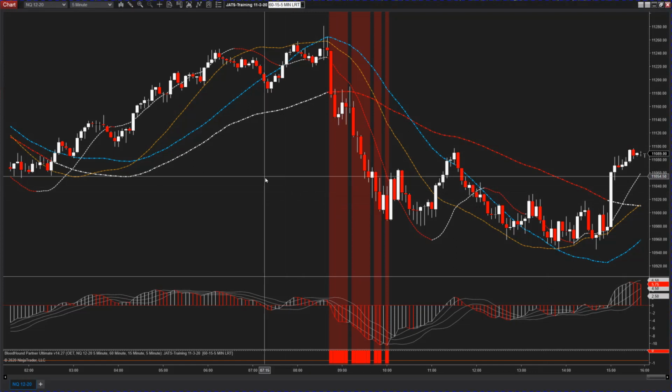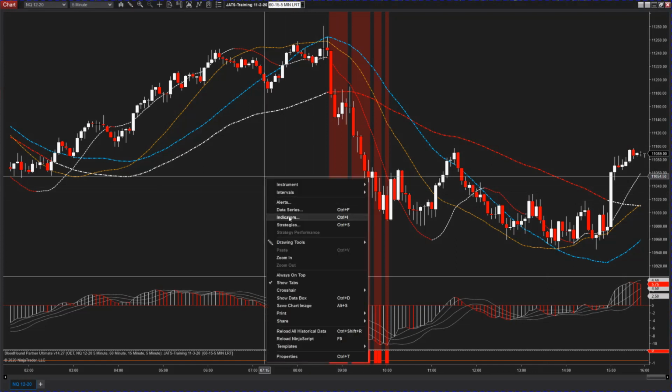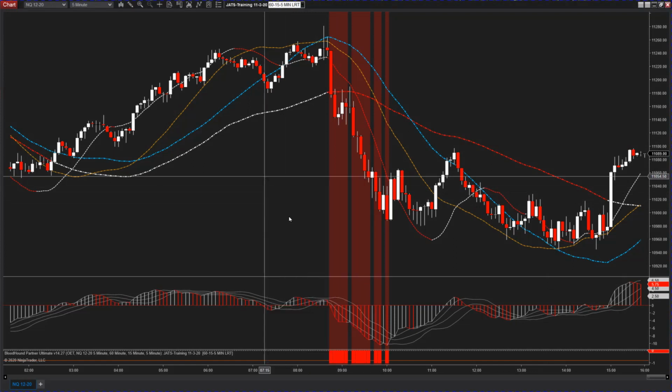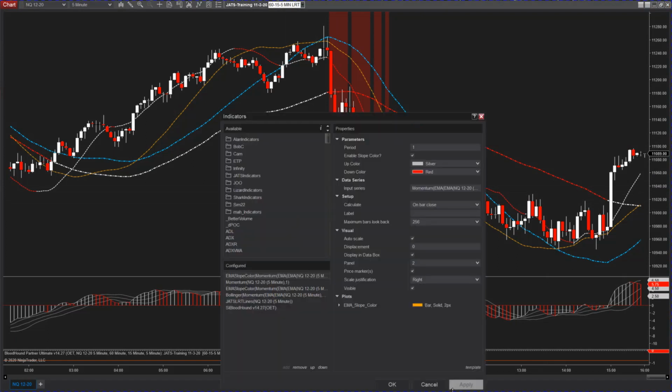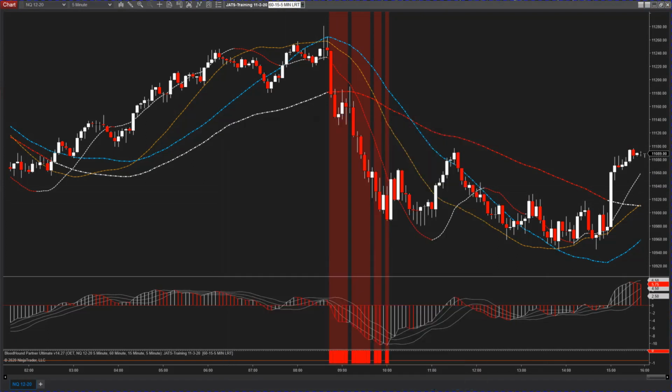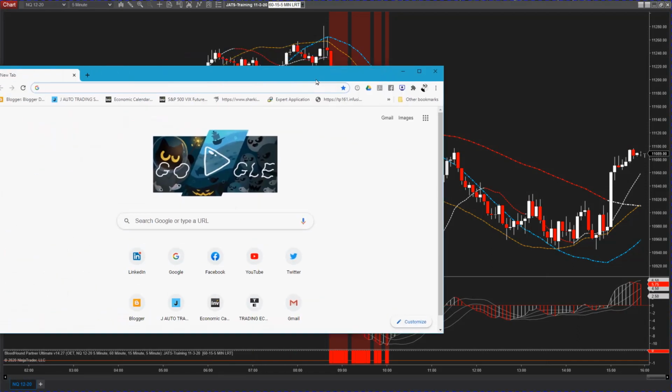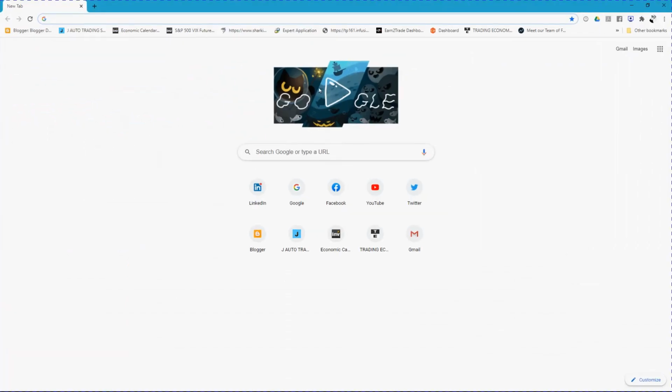So let's take a look at the PT indicator, because the PT indicator is using that standard deviation bell curve concept on a 100 period, 100 time frame period rather. You can do it over a RTH session, weekly bars, daily bars, 60-minute bars.